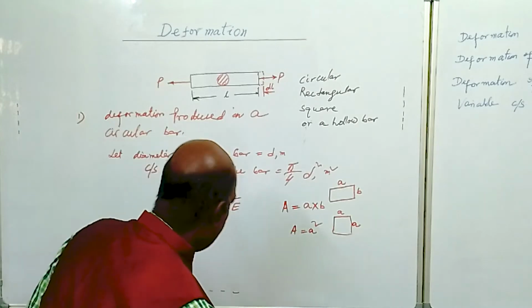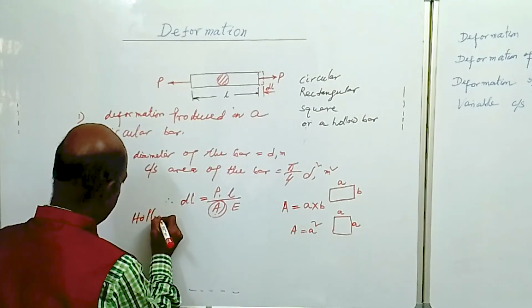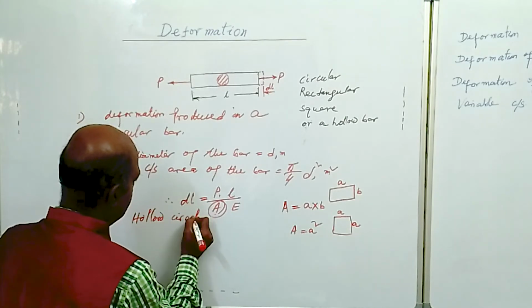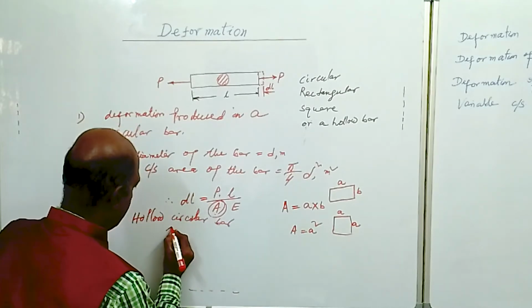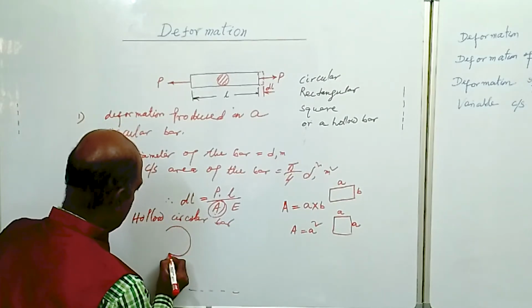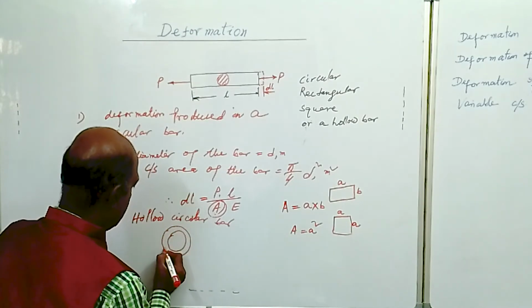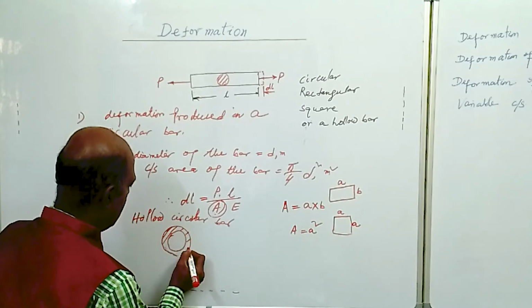so if it is a hollow circular bar, we can give the cross sectional area which is taking the load. This is the cross sectional area which is taking the load.